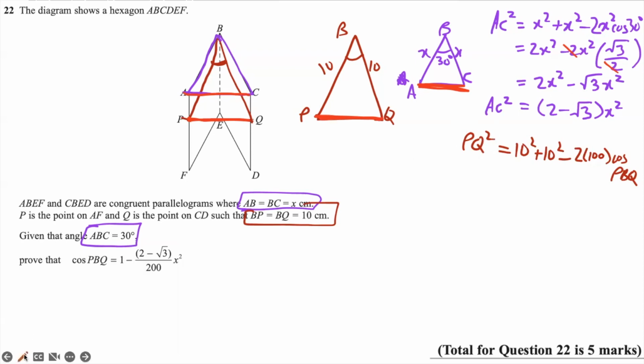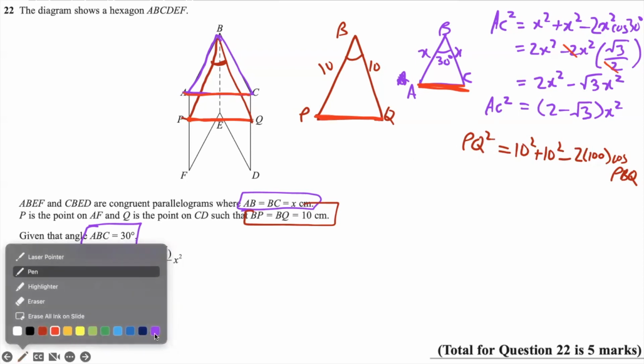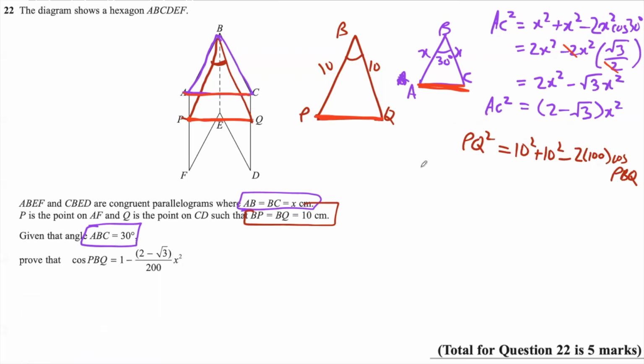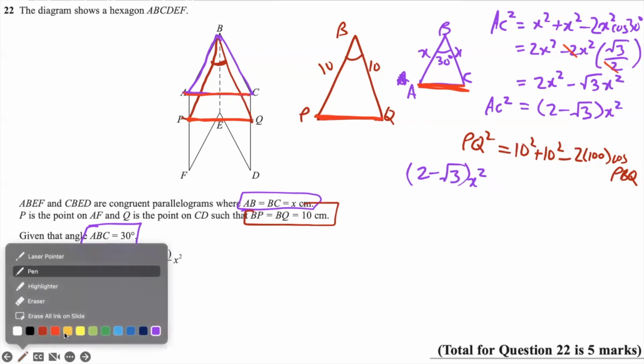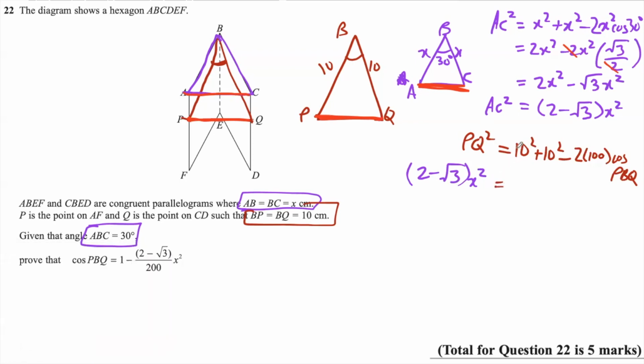So in place of PQ squared, we're going to put (2 minus root 3) x squared. And on the right side, we have 10 squared plus 10 squared, which is 200, minus 2 times 100, which is 200 again, cos PBQ.